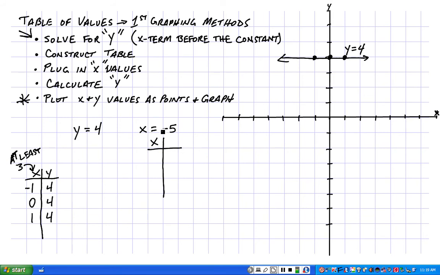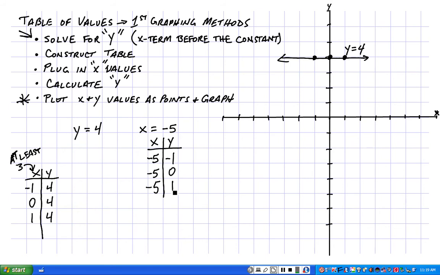It's just one variable, x equals -5. Well, that means x is always going to be -5. So you write your three -5s, because this is telling you x is -5. And since you wrote the -5s on the x side, now you're free to write your -1, 0, and +1 on the y side.